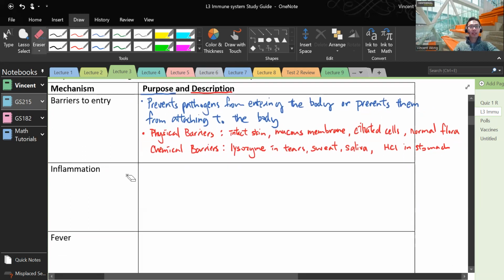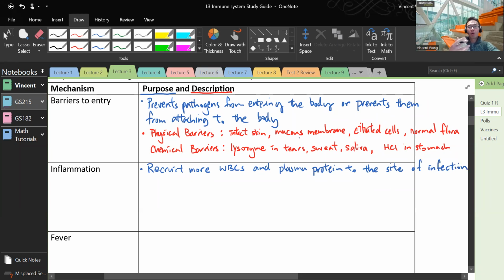And first one here is inflammation. Okay, so the purpose of inflammation is to recruit more white blood cells and plasma protein to the site of infection.